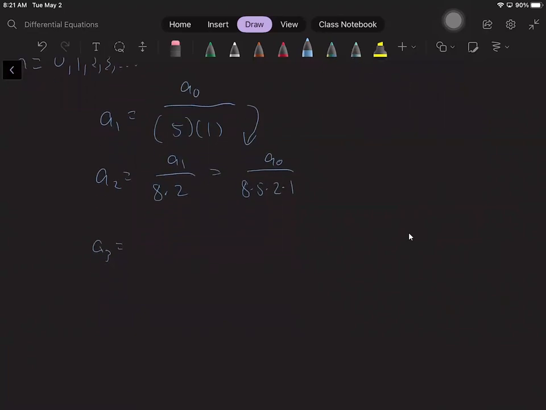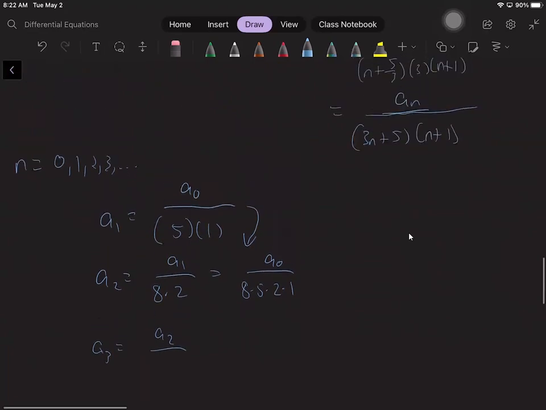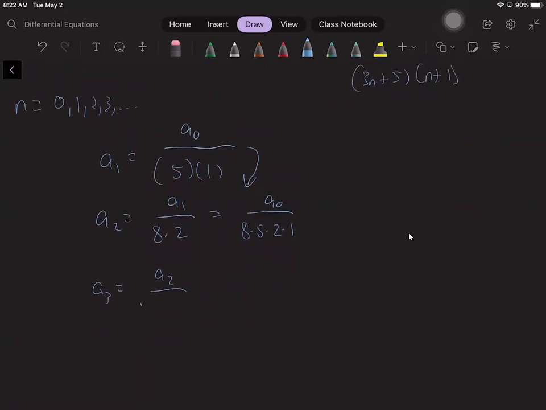That's one interesting thing that will happen. Let's do one more. When I plug in 2 here, I get 11 times 3. And we can start to see the pattern now. I start at 5 and always add 3 to get to the next one, and then I start getting this factorial as well.